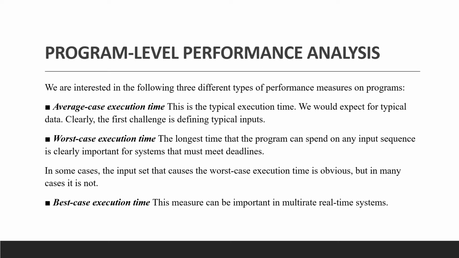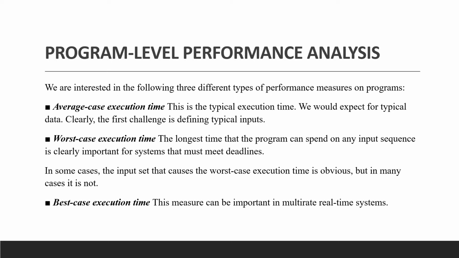We are interested in the following three different types of performance measures on the program. The first one is average case execution time. This is the typical execution time we would expect for typical data. Clearly, the first challenge is defining typical inputs.